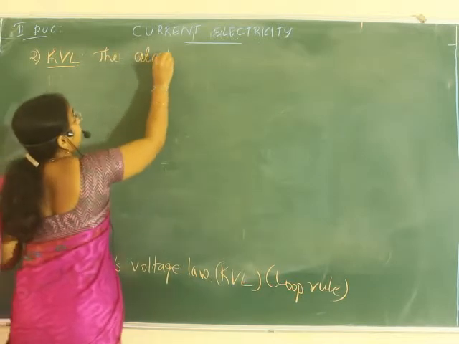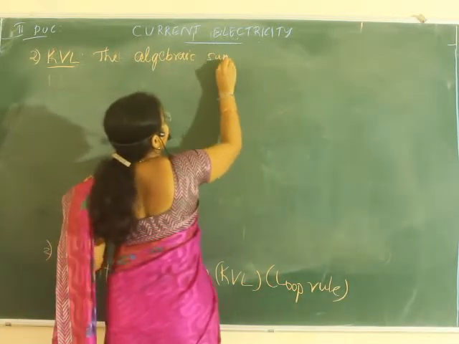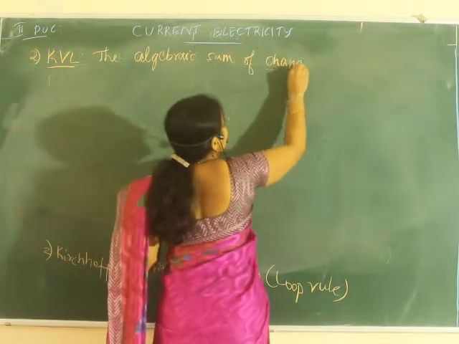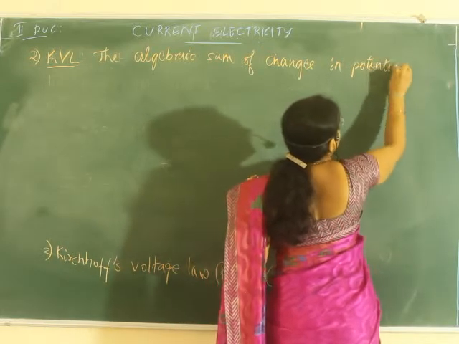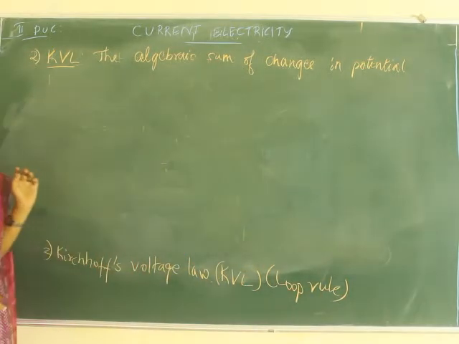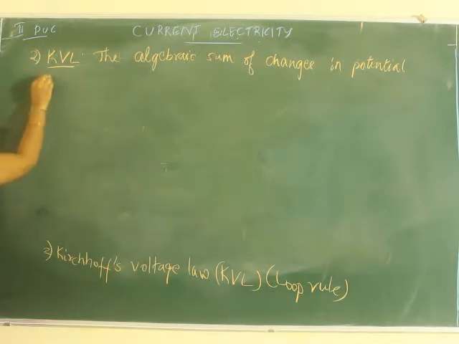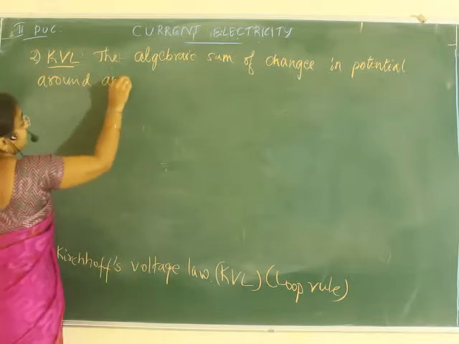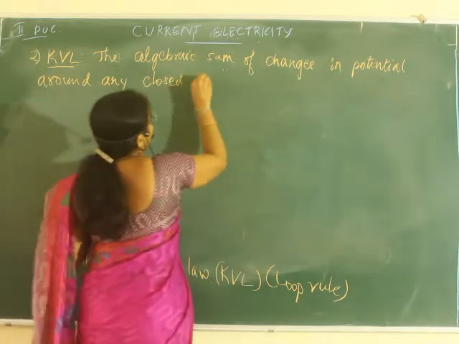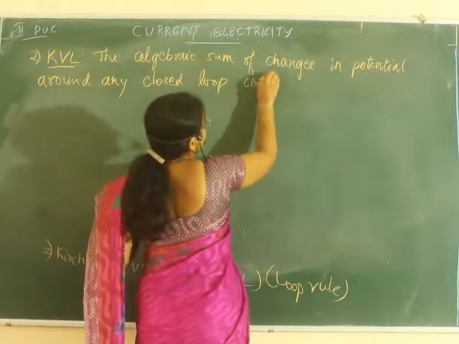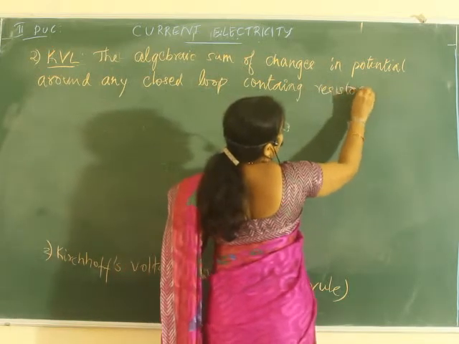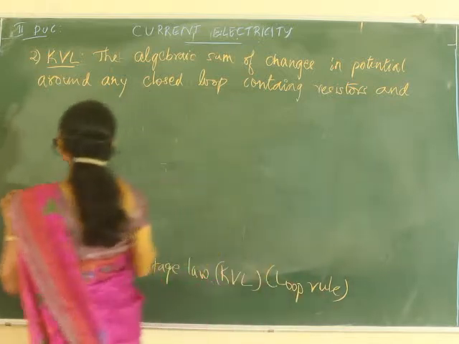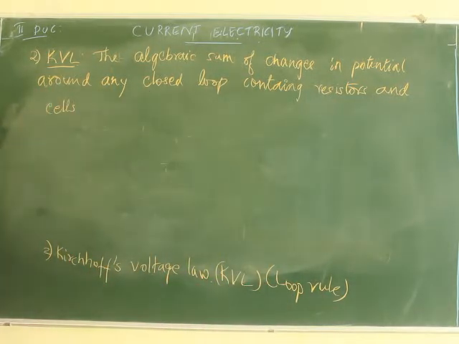The algebraic sum of changes in potential around any closed loop containing resistors and cells is 0.